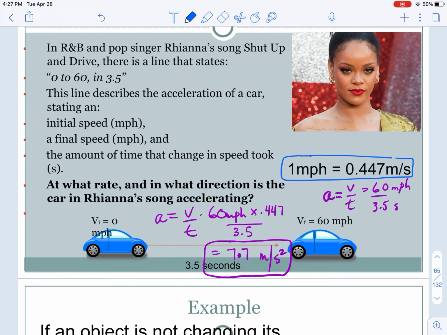So we have to do this over here and convert miles per hour, the American unit, into meters per second. If it's 60 miles per hour, we just multiply by 0.447 to get meters per second, then put it over the time, and your answer is 7.7 meters per second squared.